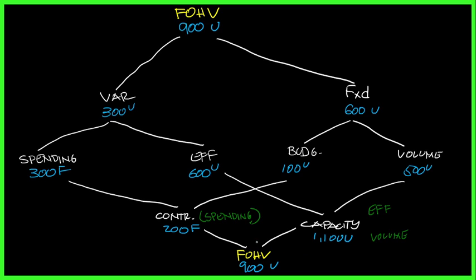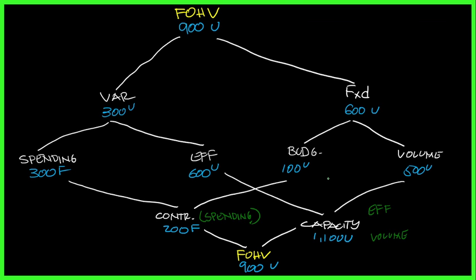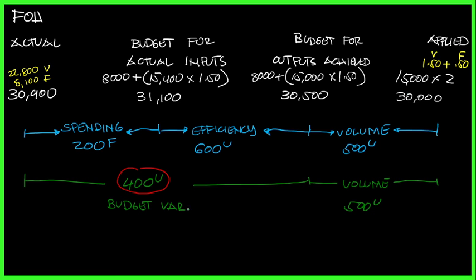Under three-way. Okay, so spending efficiency plus volume. Diba? Ito yung hinati natin kanina. Using this approach. Spending, efficiency, and volume. Ayun, spending, tara! Spending, efficiency, and volume, which is composed of, ayan, pag bumalik ka dito, yun yung total budget variance mo.